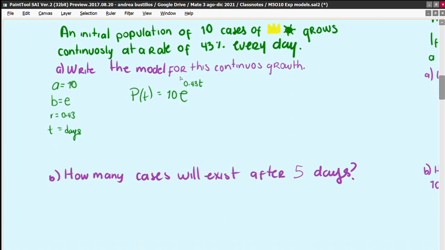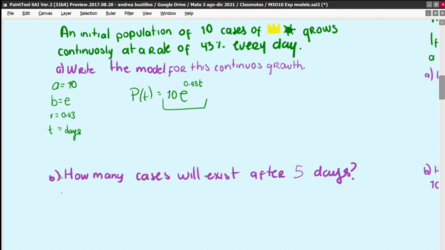Now, given that model, how many cases will exist after 5 days? So what am I being asked? I'm being given a value of days, that is, a value of t, and I'm being asked how many cases will exist. Because this model tells me the number of cases after t days, all I have to do is plug my 5 into the t, and that's how I will know my answer.